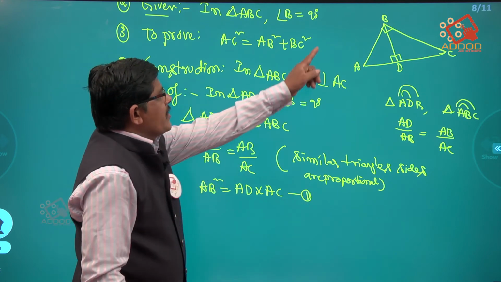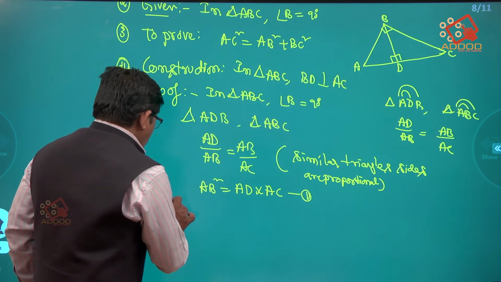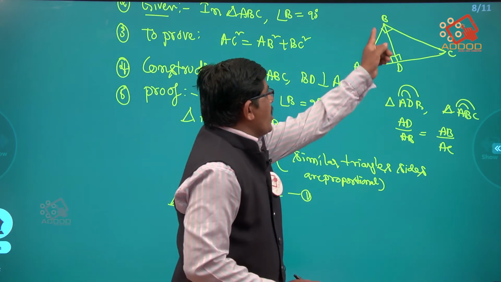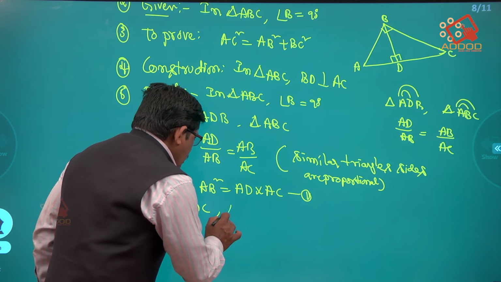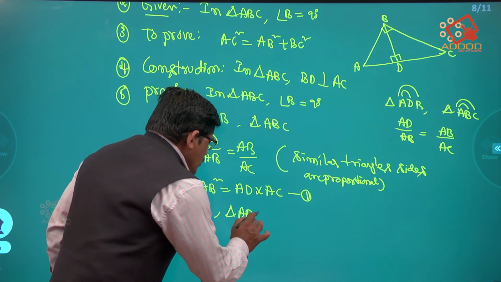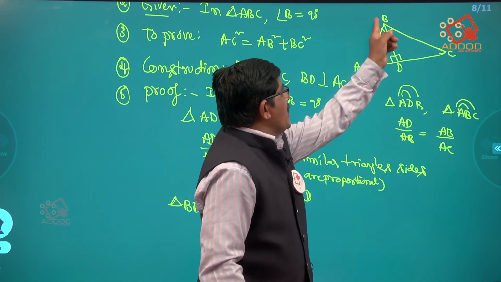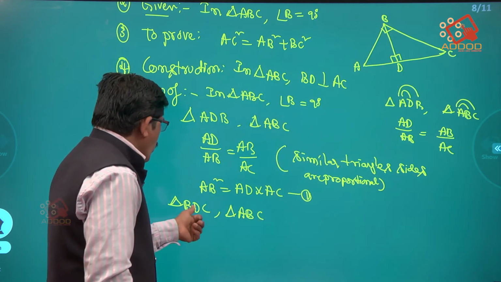After that, another triangle BDC and triangle ABC. In those triangles, what is the observation?